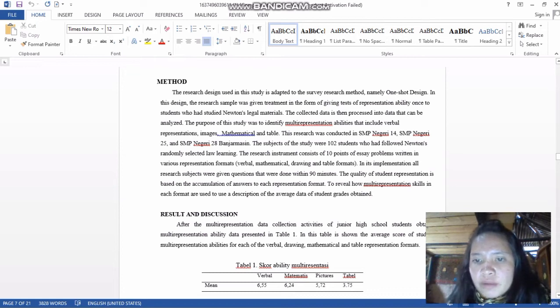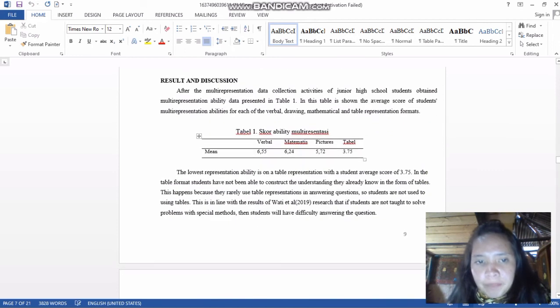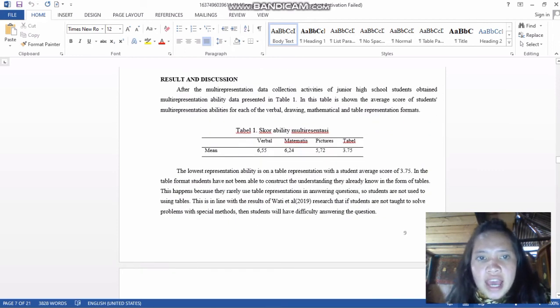To reveal how multi-representation skills in each format are used, a description of the average student grades obtained is used. Result and discussion. After the multi-representation data collection of junior high school students, multi-representation ability data is presented in Table 1. This table shows the average score of student multi-representation ability for each of the verbal, drawing, mathematical, and table representation formats.